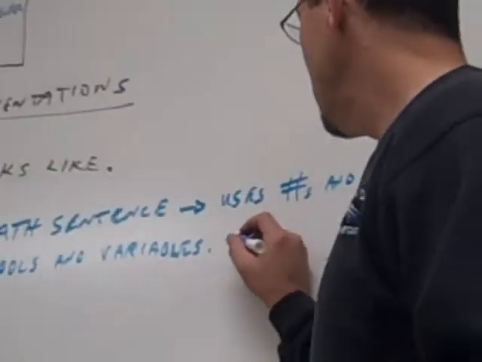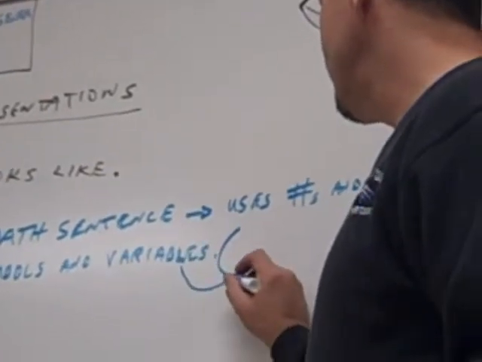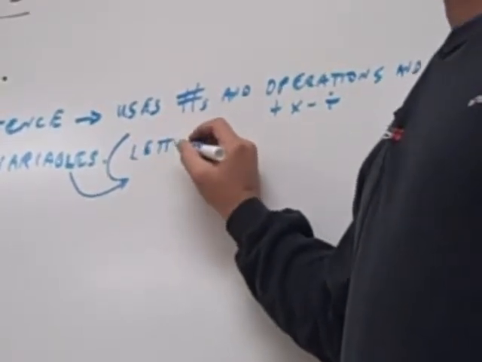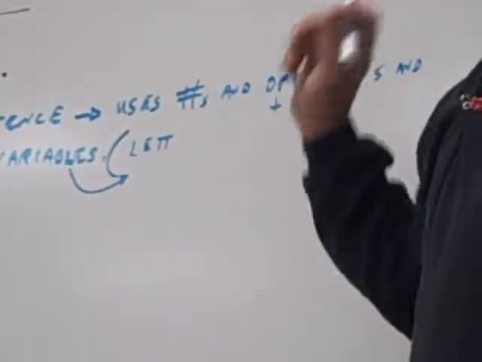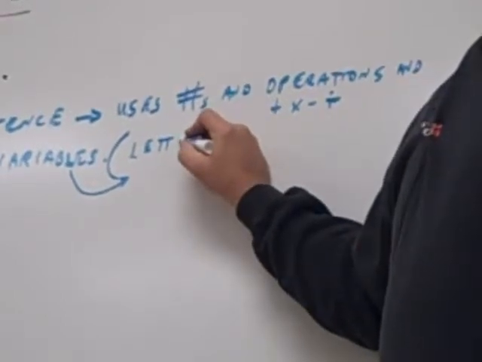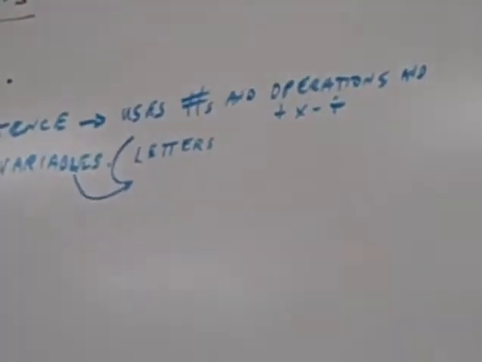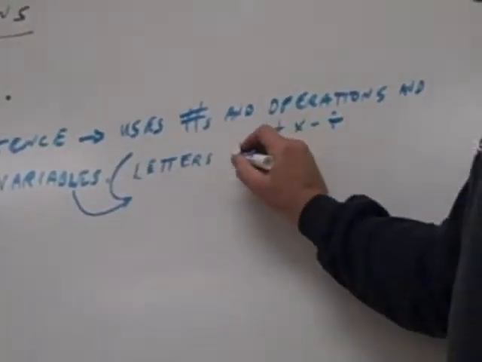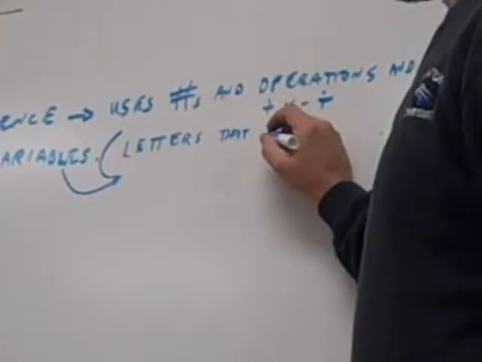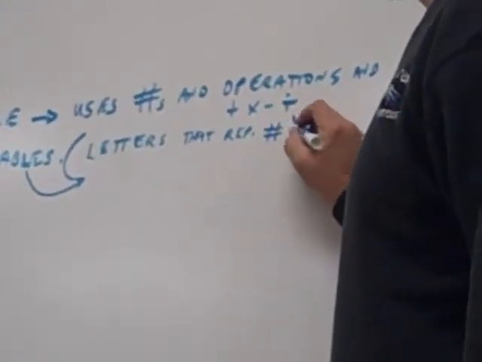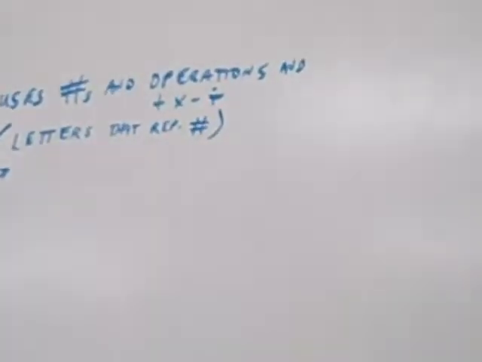What's a variable? It's something that can change. Letters. English letters that represent numbers. What does rep mean? Represent. Very good.